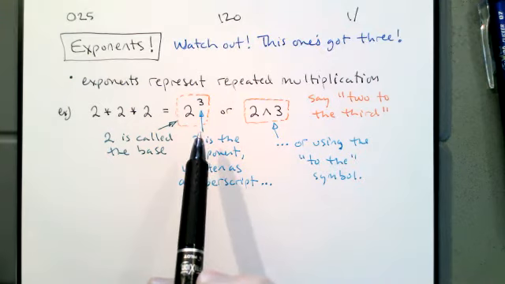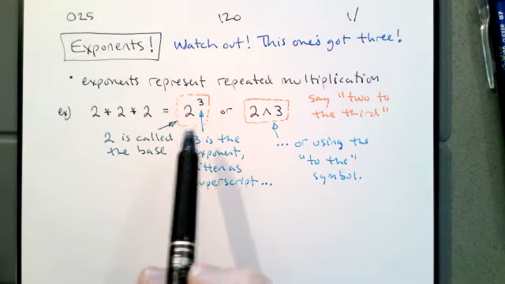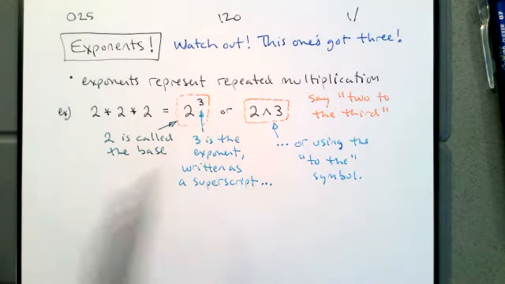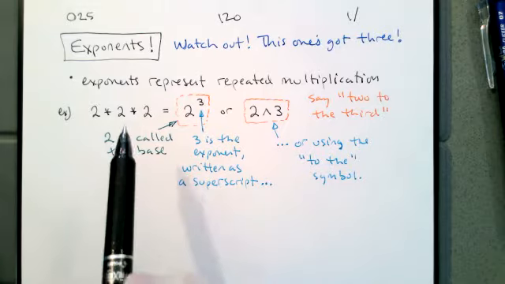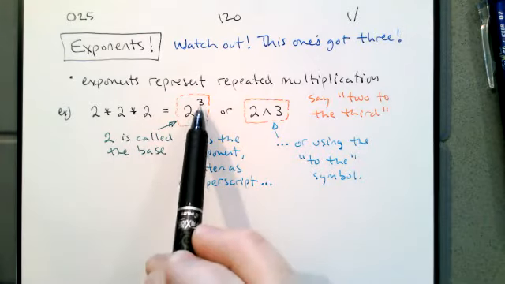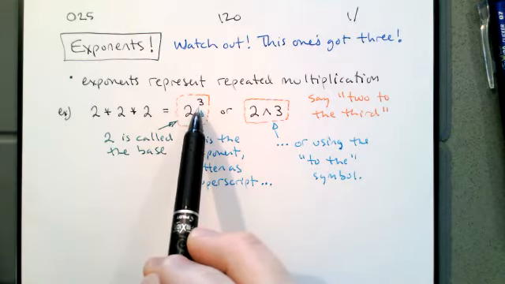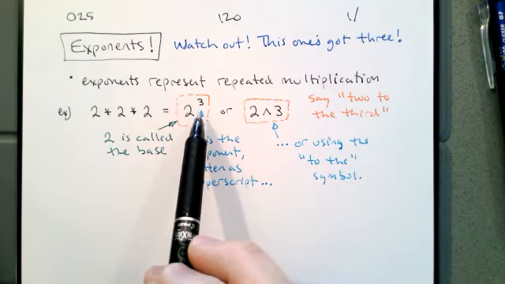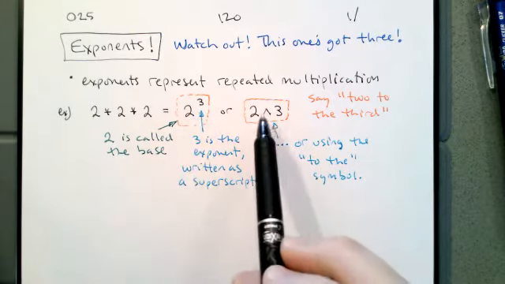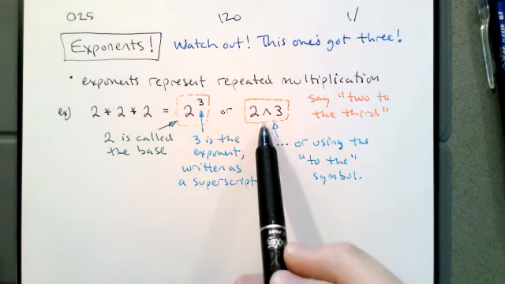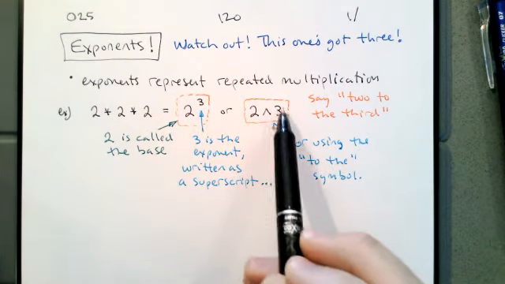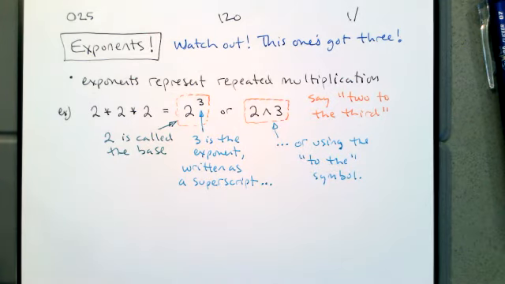But I didn't want it to look like 23 or 2 times 3, so I make it a superscript. That's what we did back in the day. So we can either write 2 to the third as 2 with a 3 superscript, or in single line syntax, when we're texting our friends cool math things, we would write 2, then the caret symbol followed by the 3.